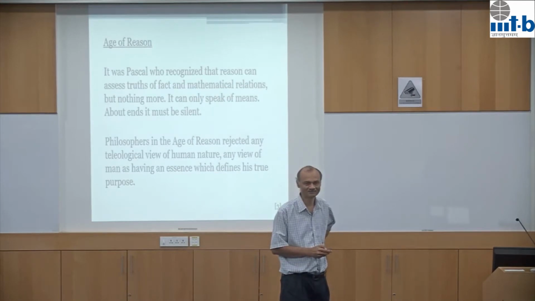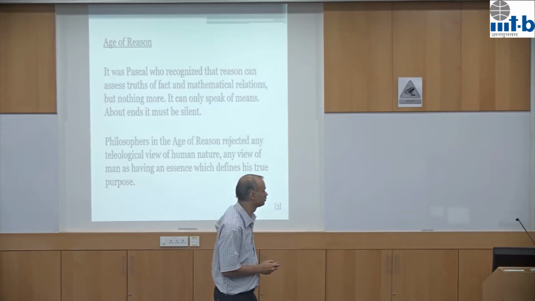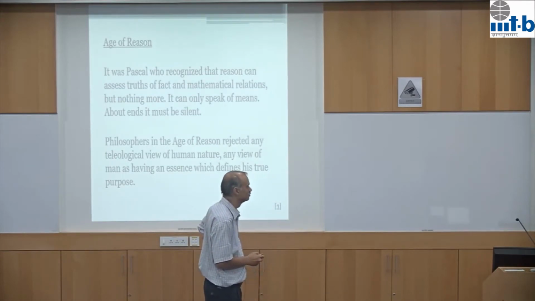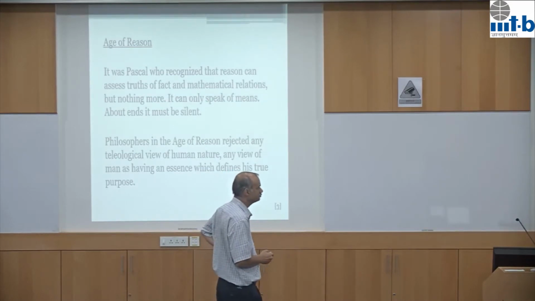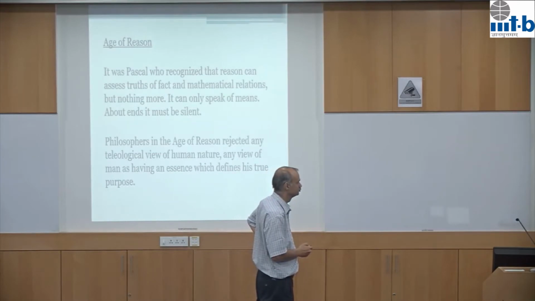It was found that reason can access truth of fact and mathematical relations, but nothing more. It can only speak of means. About ends, it must be silent. Philosophers in the age of reason rejected any theological view of human nature, any view of man as having an essence which defines his true purpose.